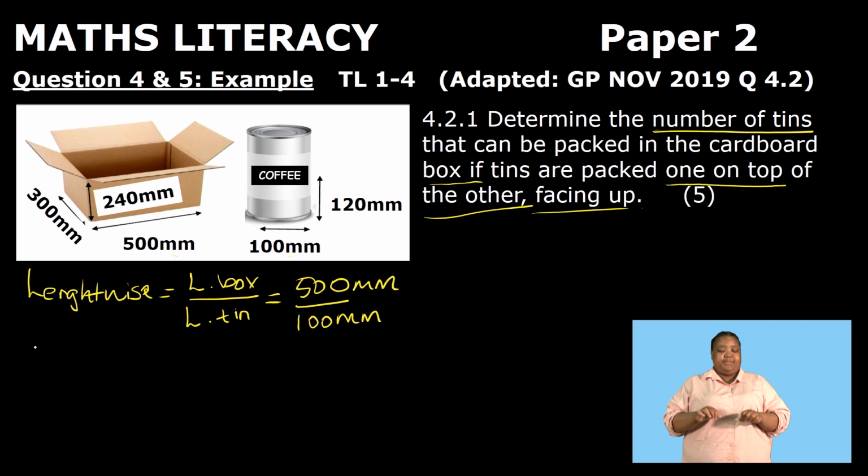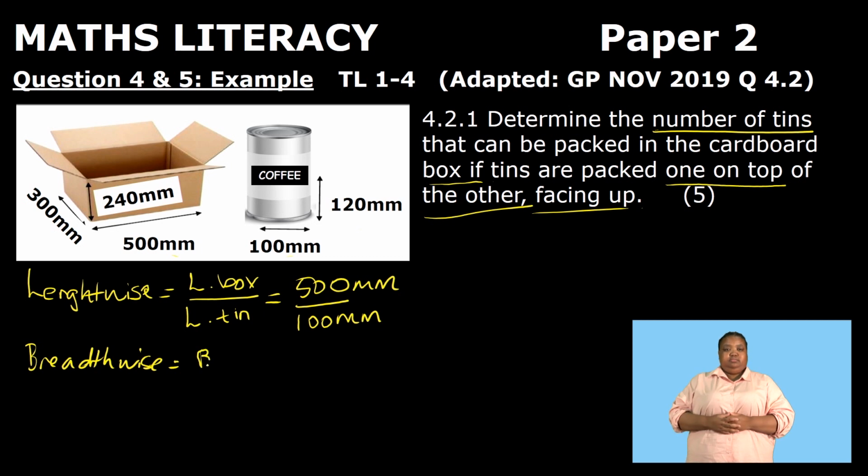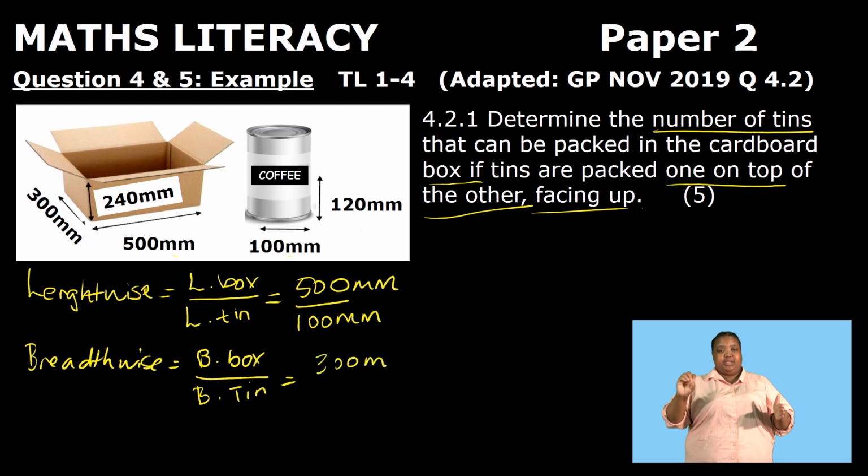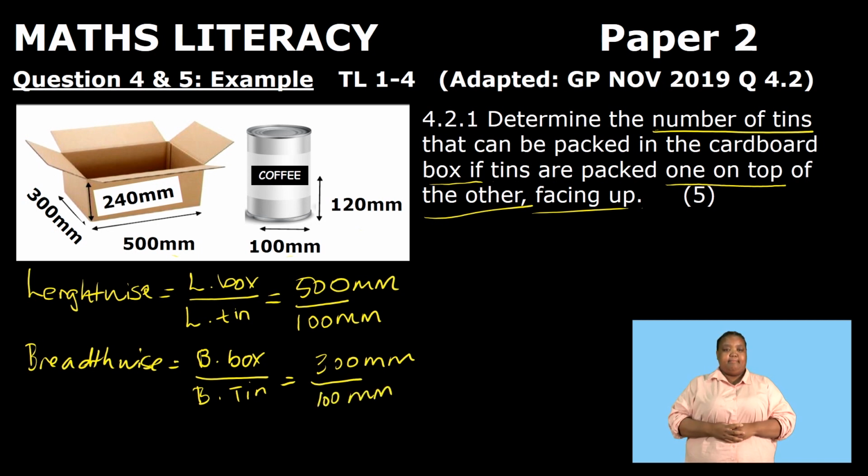Then secondly, we go to breadth. We are going to say breadth wise, we are going to take the breadth of a box divided by the breadth of a tin. So the breadth of a box would be 300 millimeters being divided by 100 millimeters.